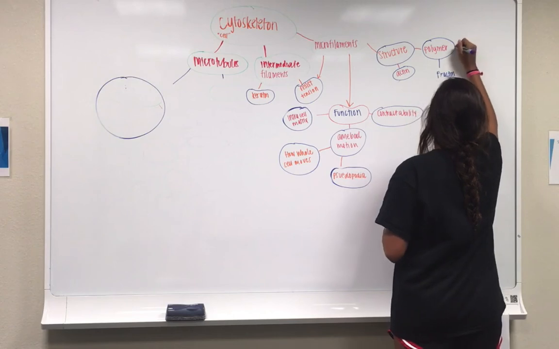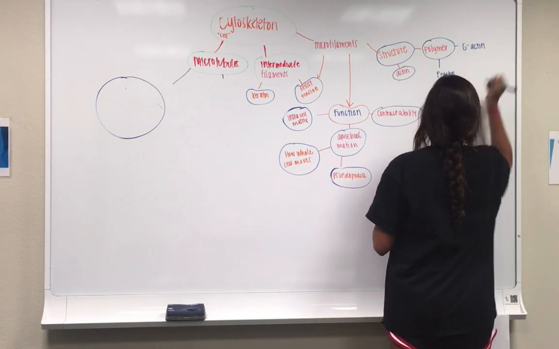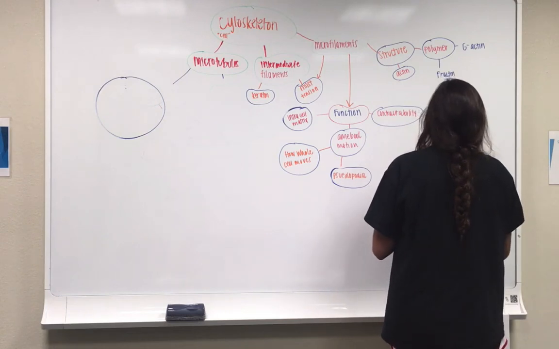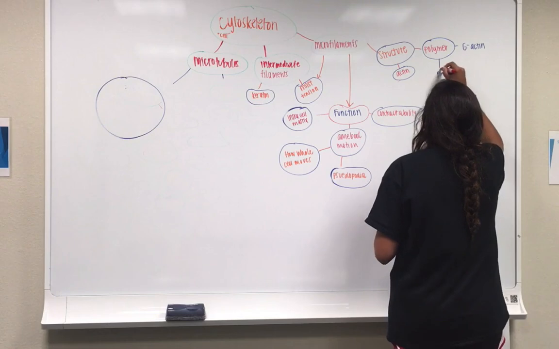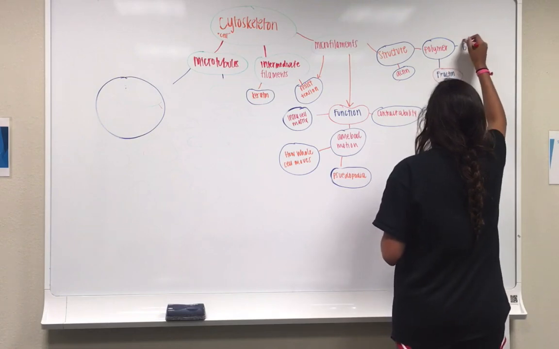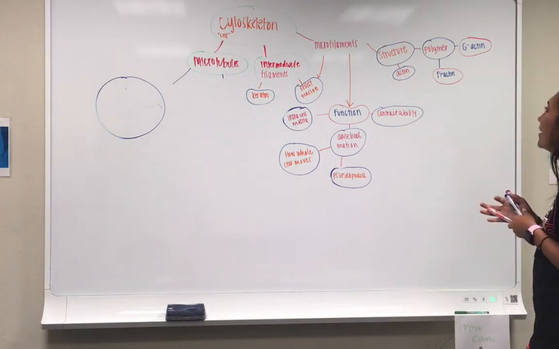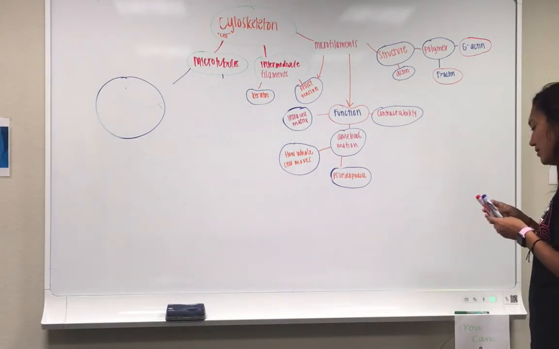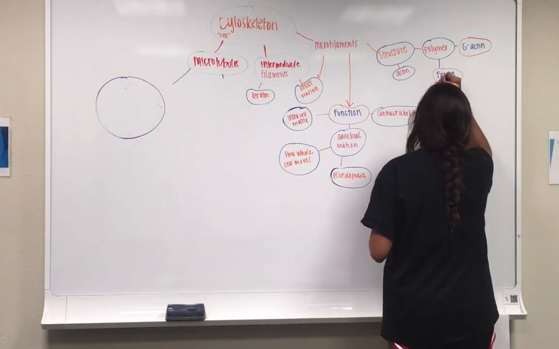Thank you for putting that hyphen there. What do those mean? Do you know? F and G, F-actin or G-actin? F means filament, like a string, like your hair, and G means globular, like a ball.